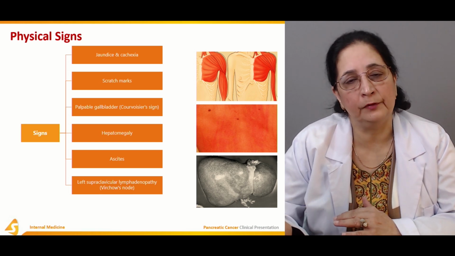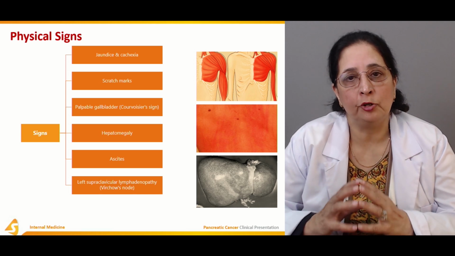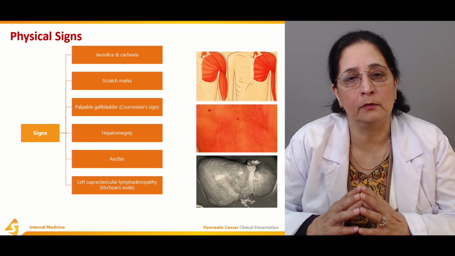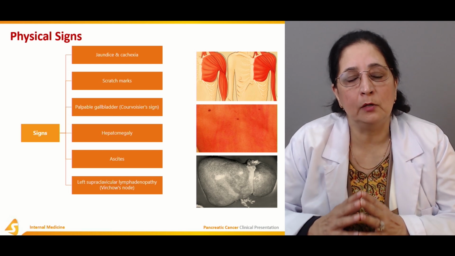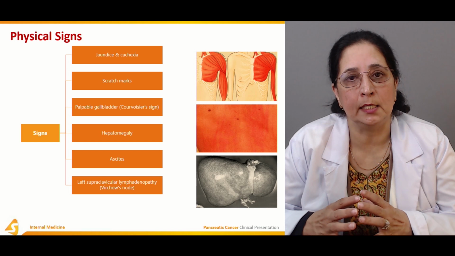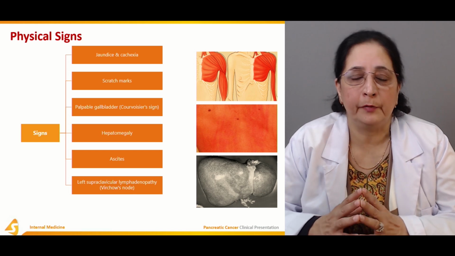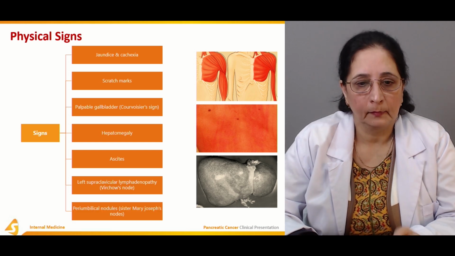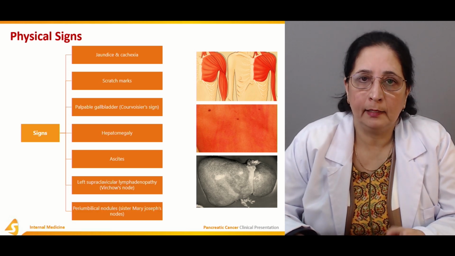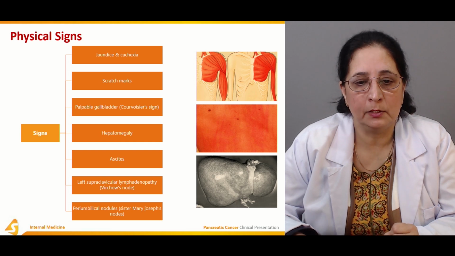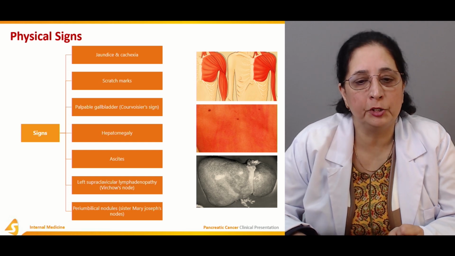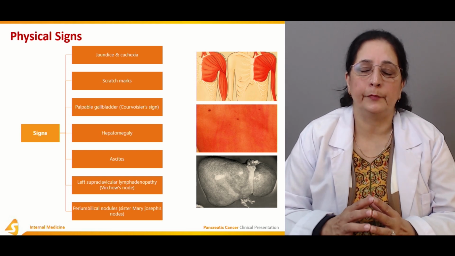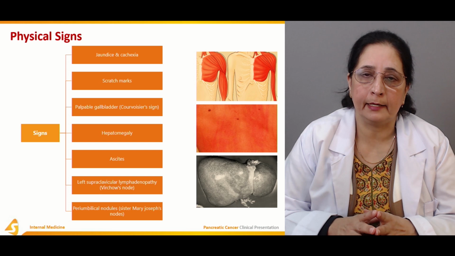Ascites is very common in cirrhosis, enlargement of the liver and hepatocellular carcinoma also, and it is the presence of fluid in the abdominal cavity. And then periumbilical nodes are present. This is known as Sister Mary Joseph's node. So all these are the physical signs present with pancreatic cancer.